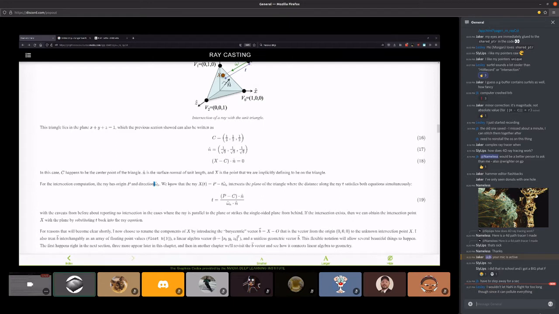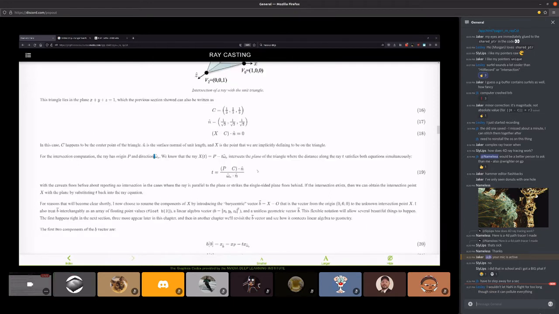P and omega is what describes the ray. So we take our ray intersection equation. No intersection in the cases where, yeah.